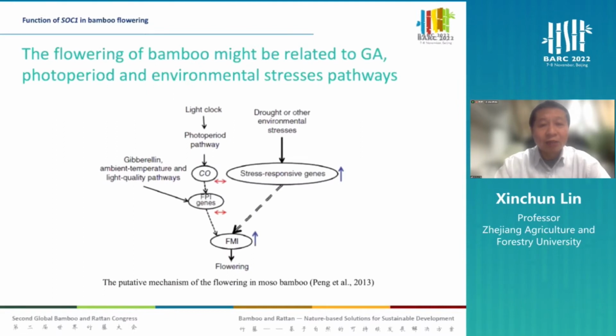Peng et al. found that the flowering of bamboo might be related to GA, photoperiod, and environmental stress pathways.